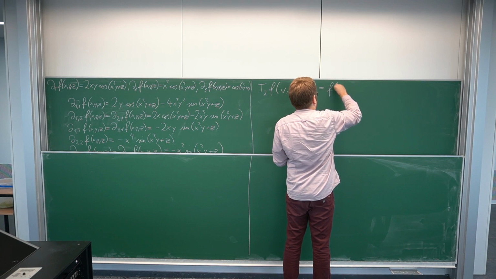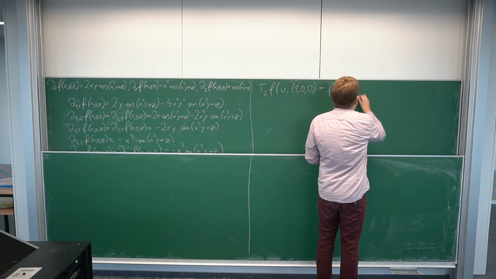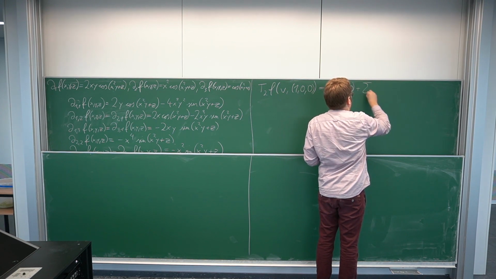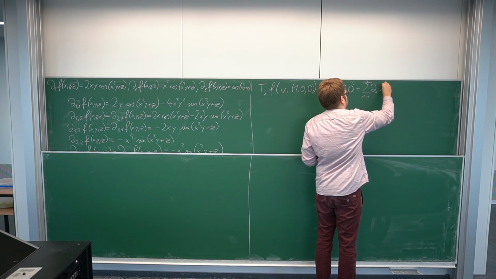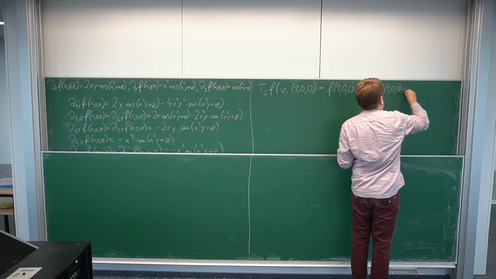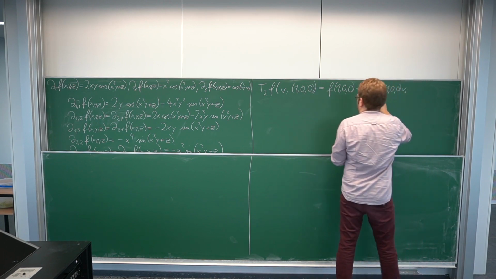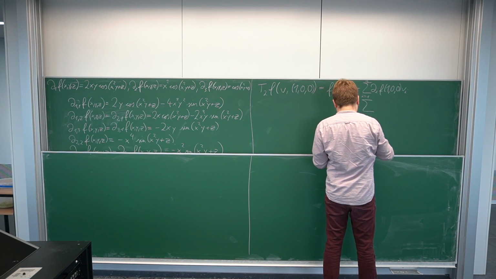The way we computed this, first f of 1, 0, 0. Then we get 1 over 1 factorial, but the sum from 1 to 3 of the first order derivative d_i f at 1, 0, 0 times v_i, plus, and now I'm not economic with the space here, the second order partial derivatives.